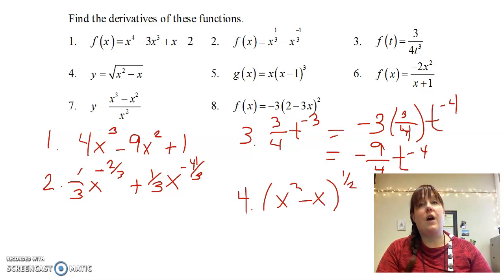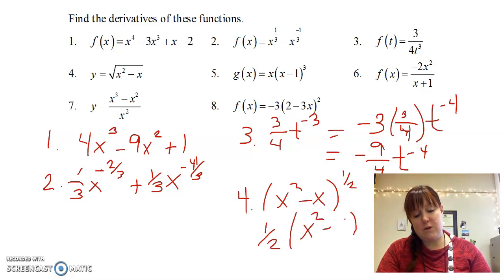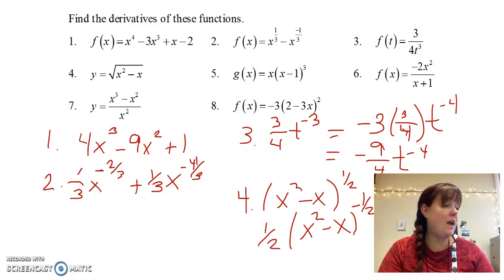We take the derivative of the outside first, 1/2. Then the inside stays intact. When we first eat our chocolate, the inside stays intact, but we take the derivative of the outside, okay, and then we're going to eat the inside, right? So then we take the derivative of the inside, which is 2x minus 1, and yeah, we could just leave it like that.